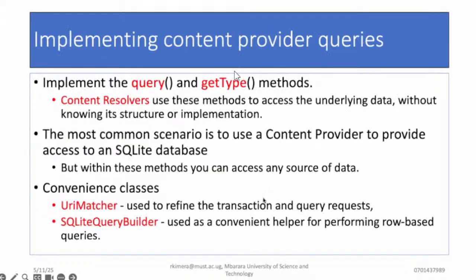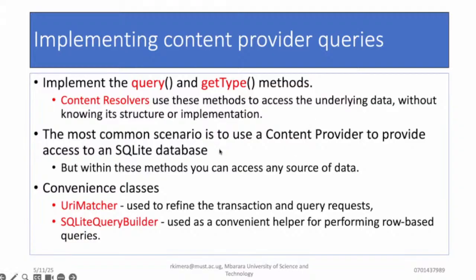And then you implement query and getType. We are saying content resolvers use these methods to access the underlying data without knowing its structure or implementation. So, like I said, we have the content provider that creates the database, exposes the methods, and then it also exposes these query and getType methods, and then they're all consumed by the content resolvers.